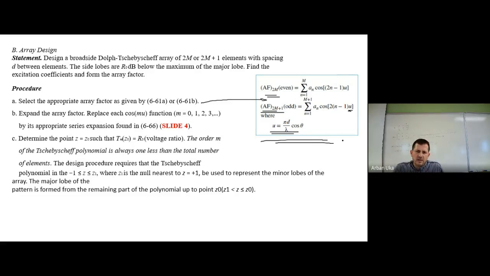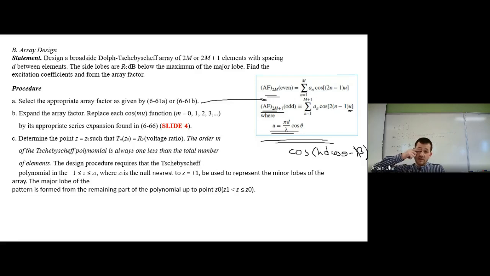Let's not forget that the equations which describe the array factors most of the time had to deal with something like cosine of kd cosine theta minus, what was this other term? I forget. Minus beta, okay.